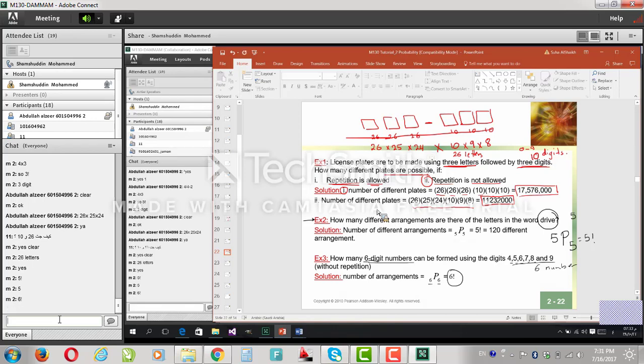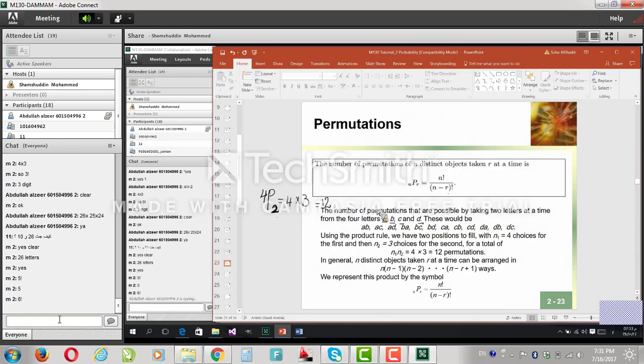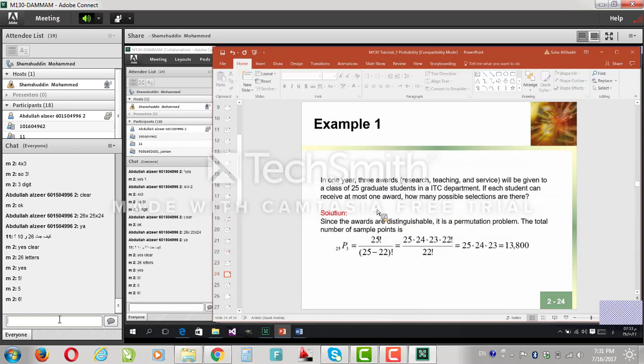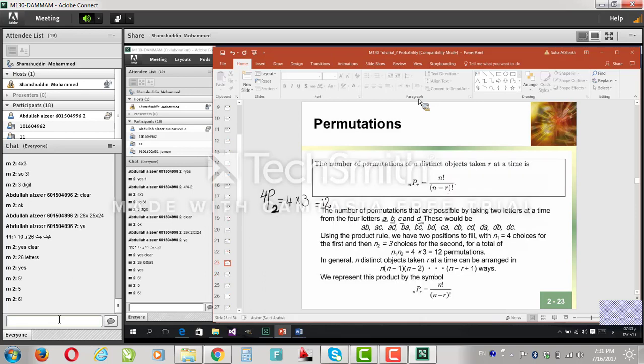Let's do this example. In 1 year, 3 awards: research, teaching, and service. Now, one important thing I want to add for the permutation is that the order is important. What does it mean that the order is important?